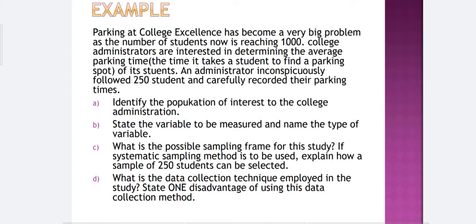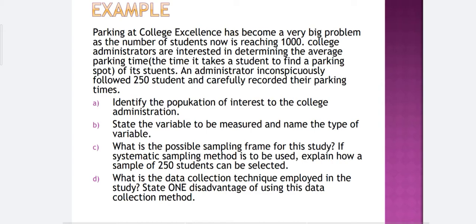Okay, the sampling frame, because this is the number of students, the sampling frame can be the number of cars. Right? Number of cars, what is it? Plate. Car plate. Okay, plate number. Number plate of the car.